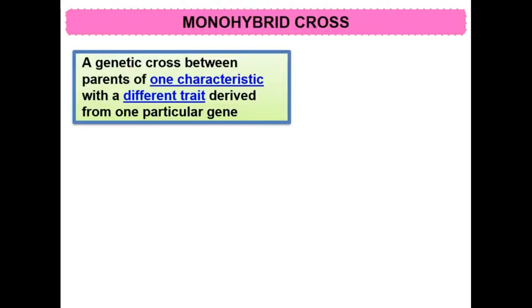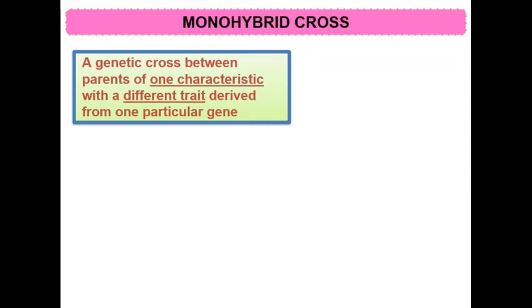Now, we learn about the definition of monohybrid and dihybrid cross. Monohybrid cross is a genetic cross between parents of one characteristic with a different trait derived from one particular gene.